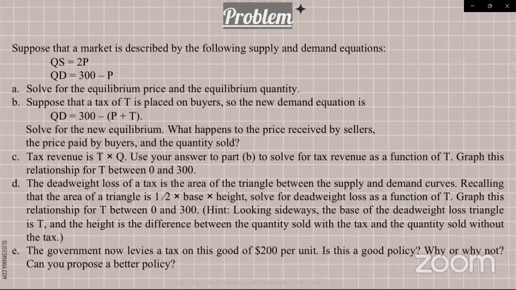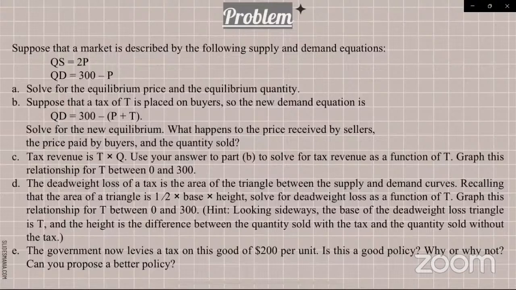D. The deadweight loss of a tax is the area of the triangle between the supply and demand curves. Recalling that the area of a triangle is half multiplied by base multiplied by height, solve for deadweight loss as a function of T. Graph this relationship for T between 0 and 300.